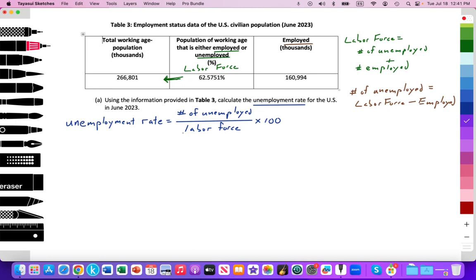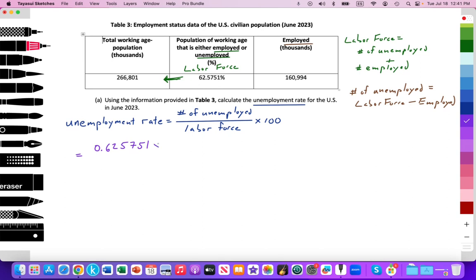So the unemployment rate is going to be equal to 62.5751% of the total number of people that can work, 266.801 million. I'm going to turn this percentage into a decimal value. The decimal value is 0.625751; this decimal value multiplied by 100 is 62.5751.